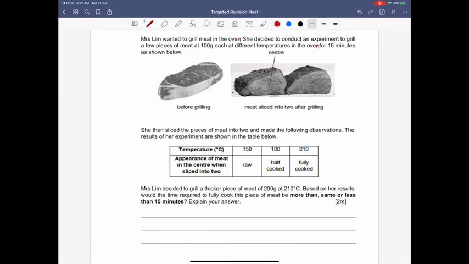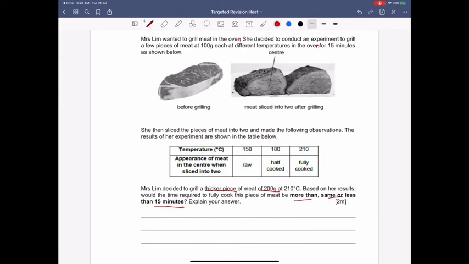Continuing, Mrs. Lim decided to grill a thicker piece of meat of 200 grams at 210 degrees Celsius. Based on her results, would the time required to fully cook this piece of meat be more than, less than, or the same as 15 minutes?